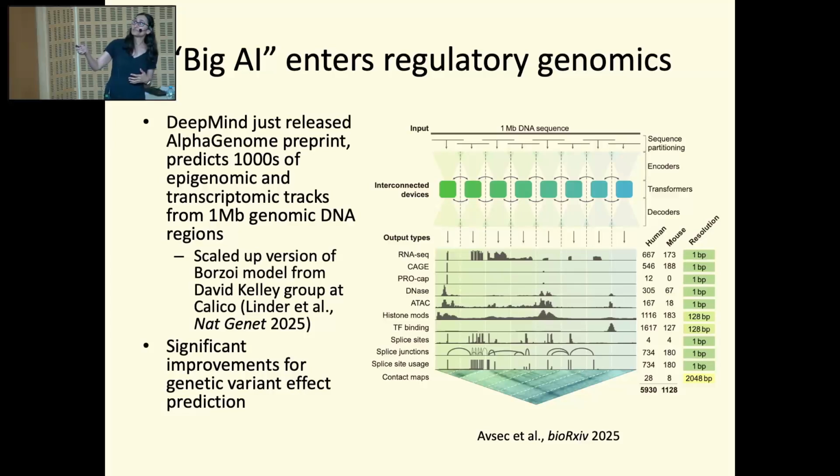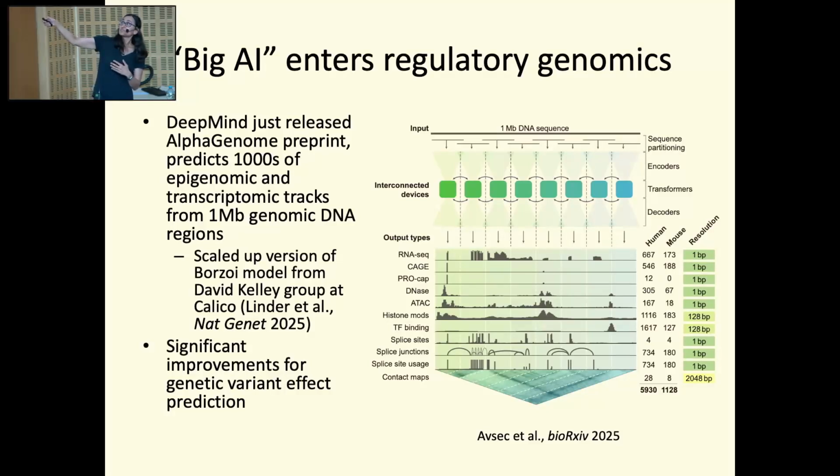So AlphaGenome is a scaled up version of Borzoi, a model from David Kelley's group at Calico. And what they do is they train a model. The input is a megabase of DNA. Okay, so your training examples are a megabase of DNA, and they train to predict thousands of epigenomic and transcriptomic tracks. Okay, so this is the kind of data we'll be talking about.